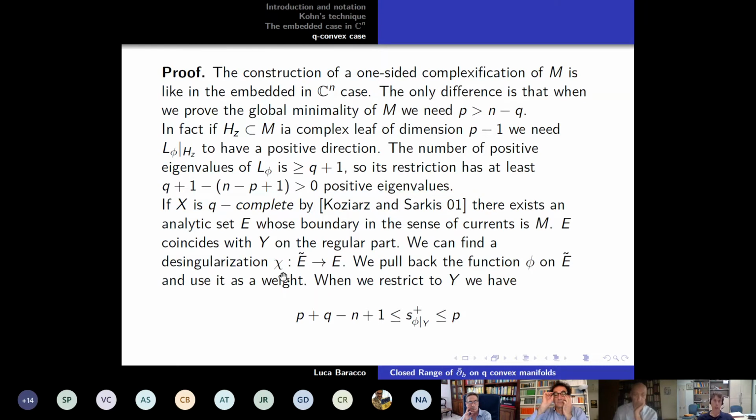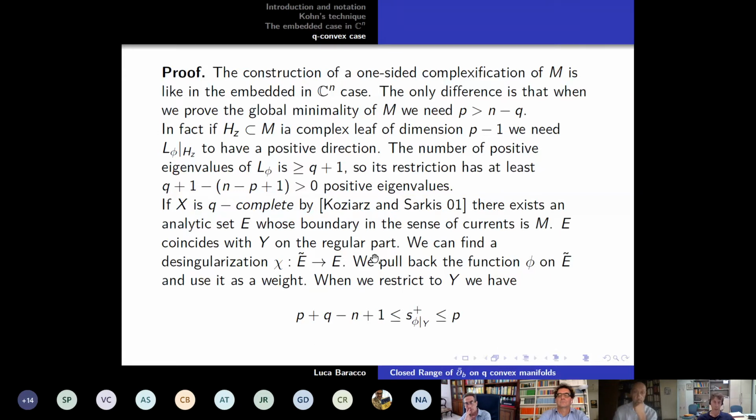Then we restrict our function phi to E tilde. We pull back phi to E tilde. And so we have a function whose number of positive Levi eigenvalues is at least p plus q minus n plus 1.